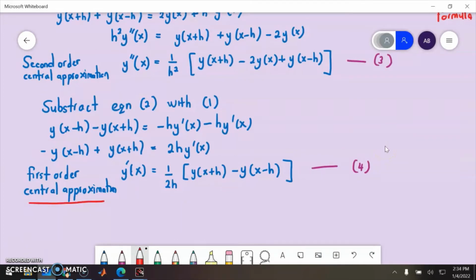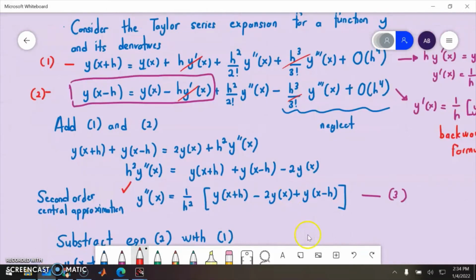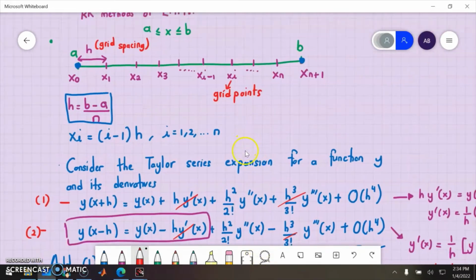So we're going to look at these two terms here, the central second derivative and the first derivative. Now, consider our grid points just now. If I want to divide all these terms into grid points by the finite difference scheme, go back to my grid points here.